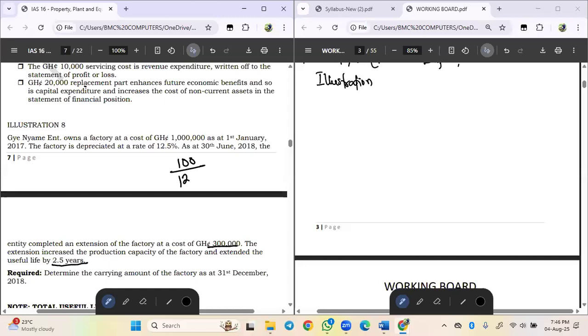Here it will be 12.5%, and that will give you the useful life of the asset. Again, if you have depreciation rates and want to determine the useful life of the asset but it was not given in the question, simply do 100 divided by the depreciation rate provided. So what will be the answer? 100 divided by 12.5.